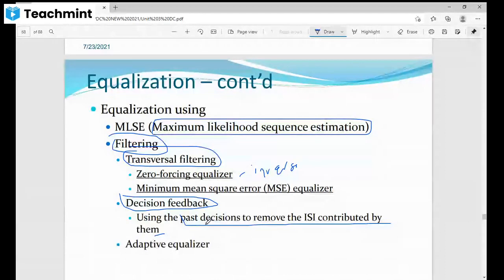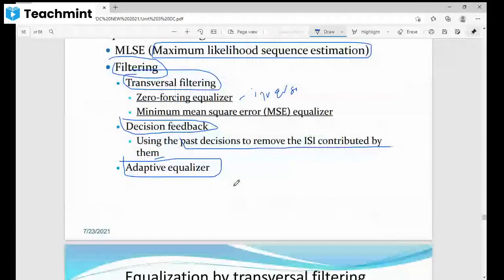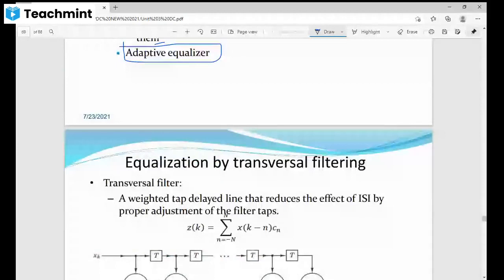Then next is the adaptive equalizer, which is very important. What is an adaptive equalizer? It is typically a linear equalizer which updates the equalizer parameters, that is coefficients, as it processes the data. It uses a minimum mean square error cost function, assumes it makes the correct symbol decision, and uses its estimate of symbols to compute.